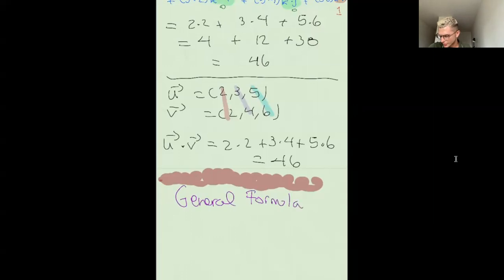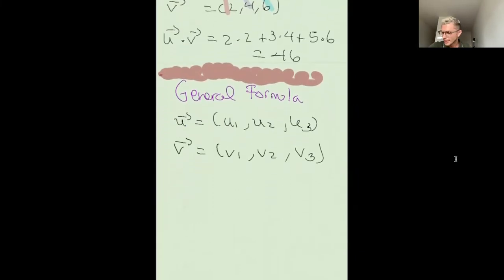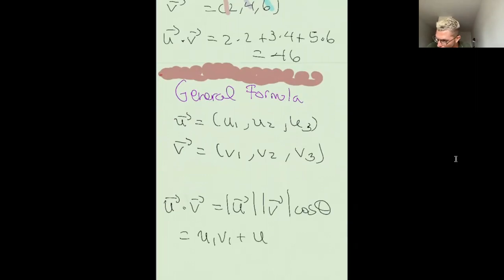If you had two vectors whose entries are u1, u2, u3, and another vector which is v1, v2, v3, then another way to compute the dot product is this: u dot v is the norm of u times the norm of v times the cosine of theta, but at the same time, that's the same as doing u1 v1 plus u2 v2 plus u3 v3. I'm saying either of these two formulas can be used for the dot product.